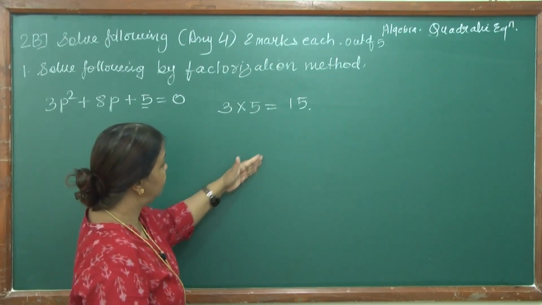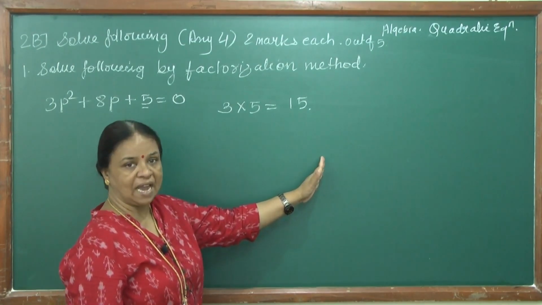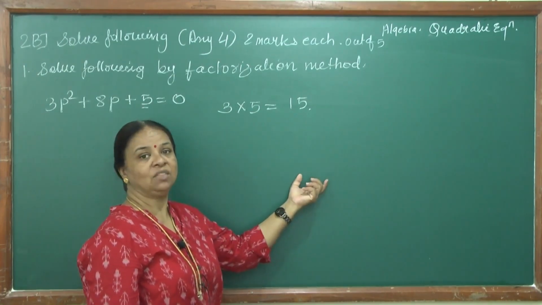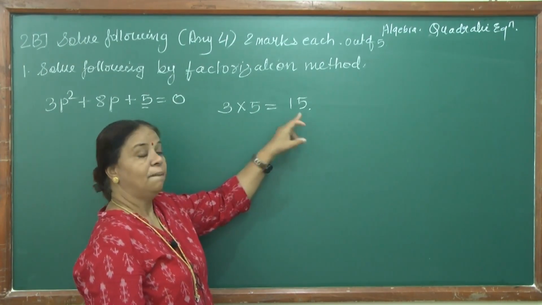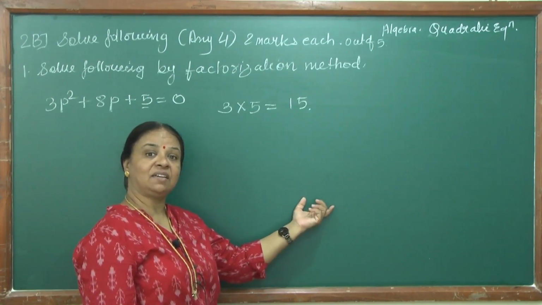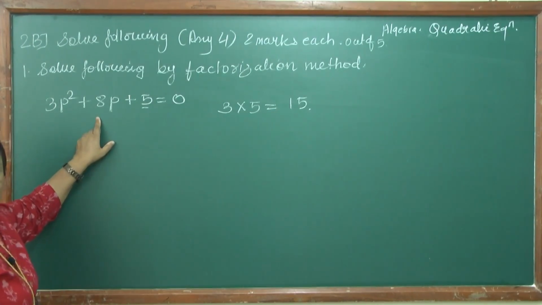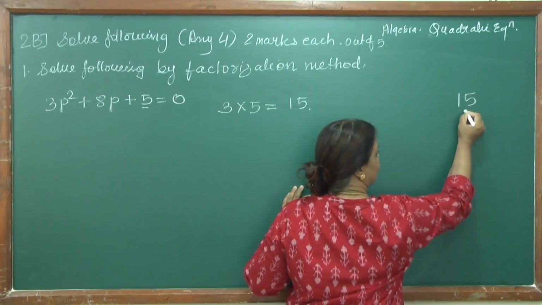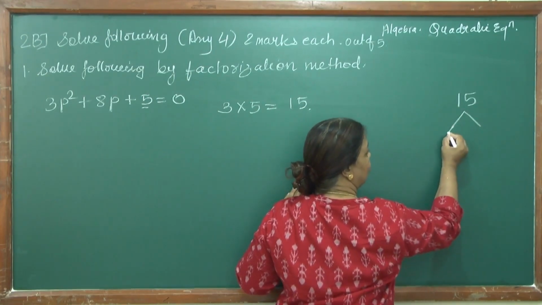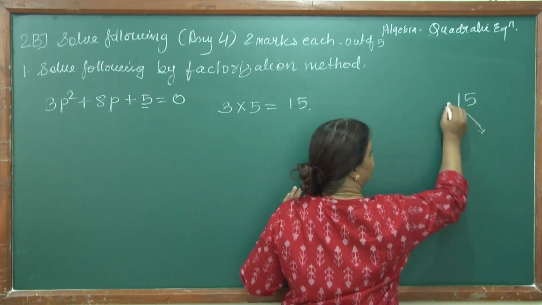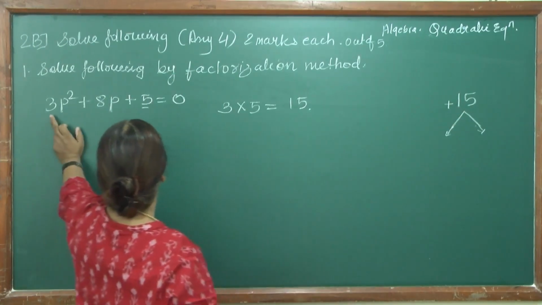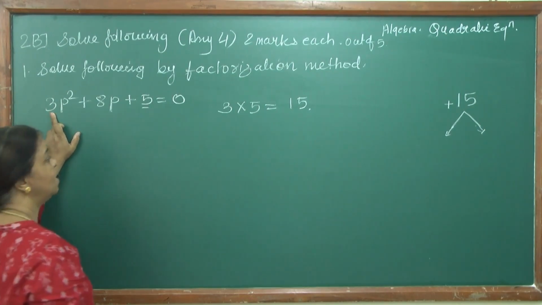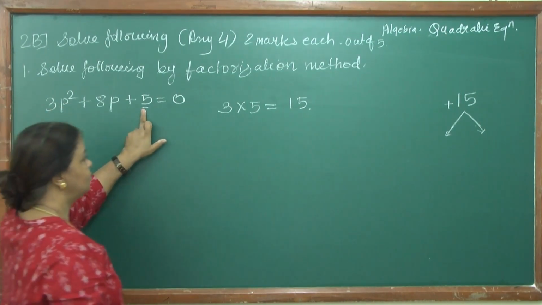Now we want to bifurcate this 15 into 2 numbers such that after multiplying those 2 numbers we get 15, but after adding or subtracting we get the middle number. Clear? I have 15 here. I should get 2 numbers so that I get plus 15. The sign of the p square coefficient is also plus, 3p square, and it is plus 5.